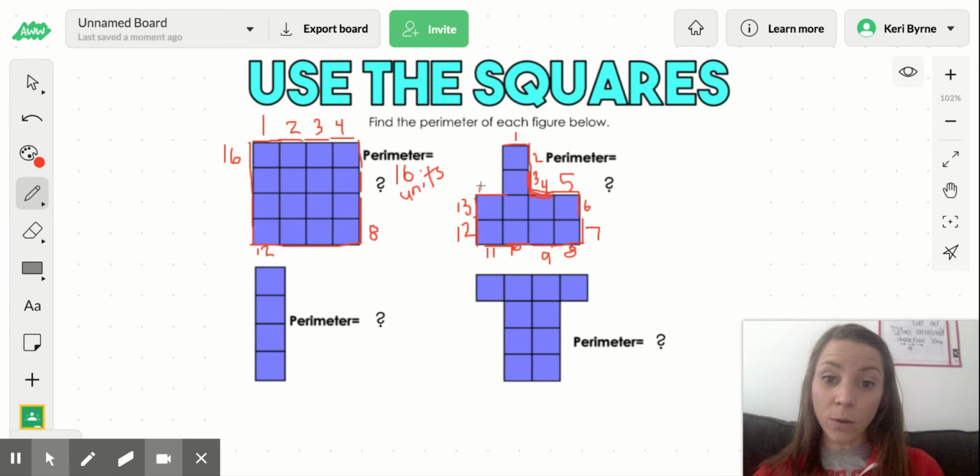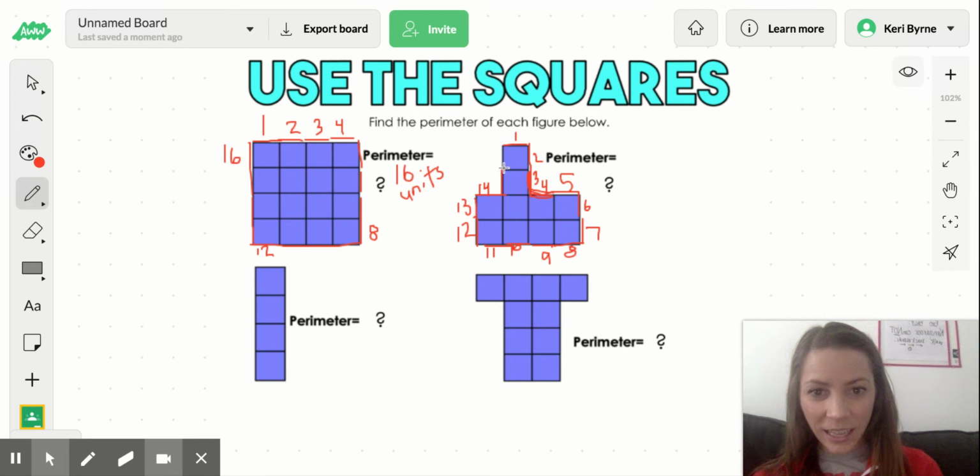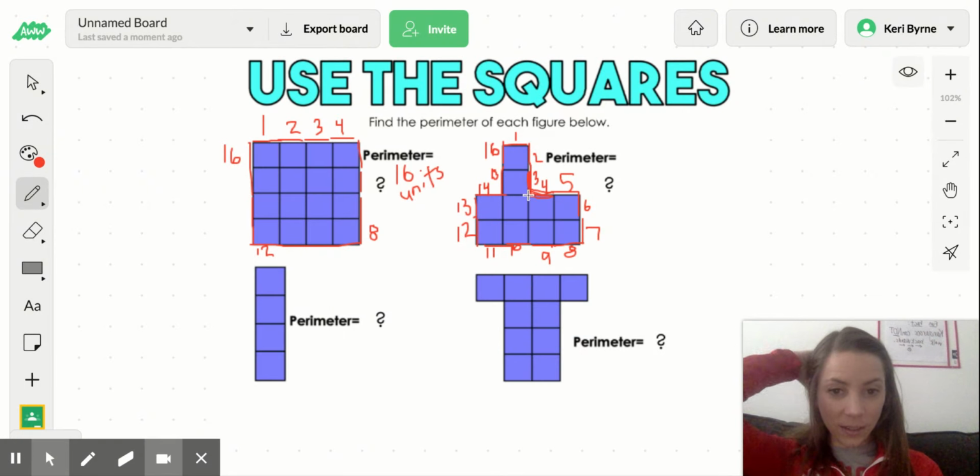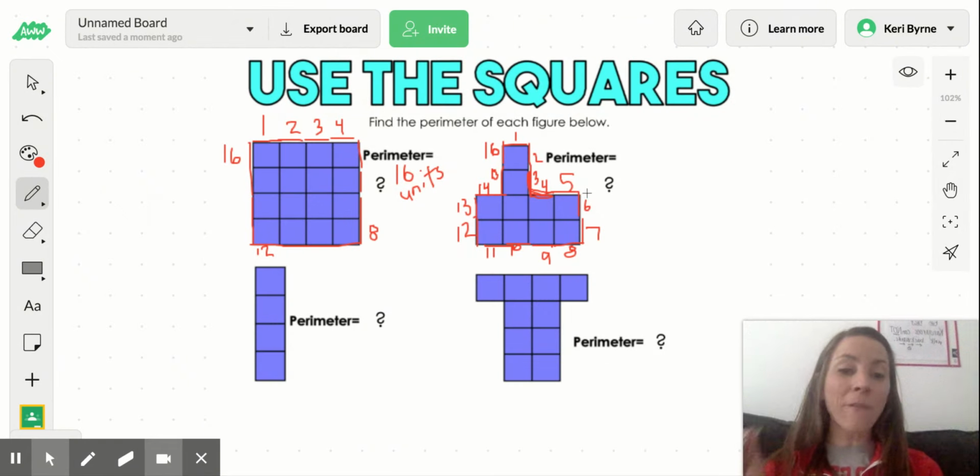So this one's 14. I'm going to write small. I'm going to write it over here so I have a little bit of space left for this inside. 15 and 16. So a lot of people, if they didn't do these little lines, might have gotten 14, and that's because they skipped this corner and skipped a side. But really, it's 16 units.